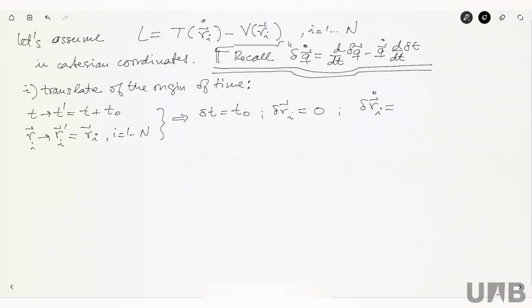So now we can compute the variation of r dot. It is the derivative of the variation of r, which is 0, minus r dot times the derivative with respect to time of the variation of t. But the variation of time is a constant t0, so its derivative with respect to time is 0. So this whole thing is 0. You agree?